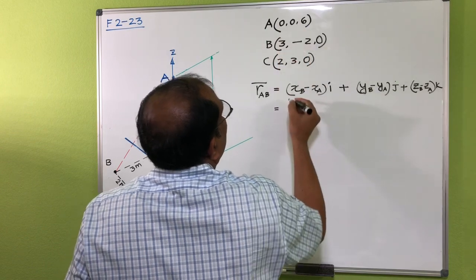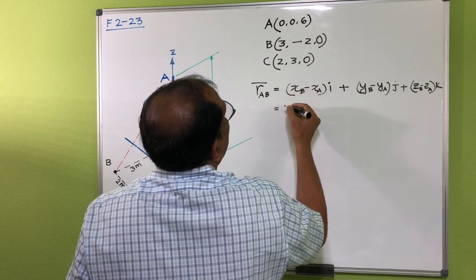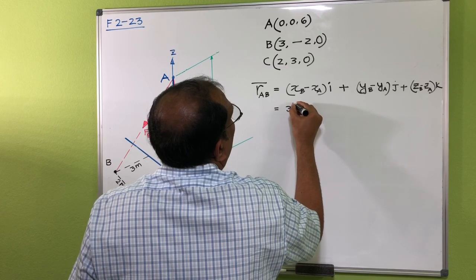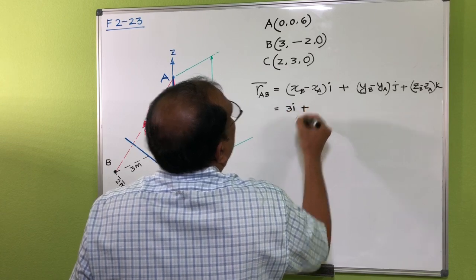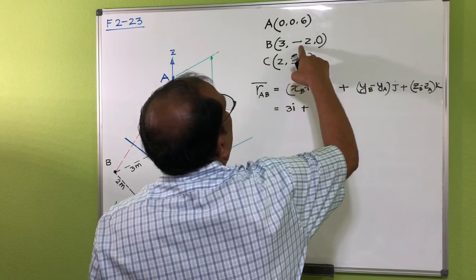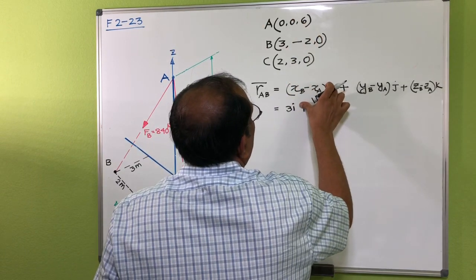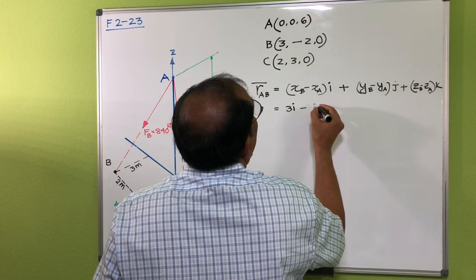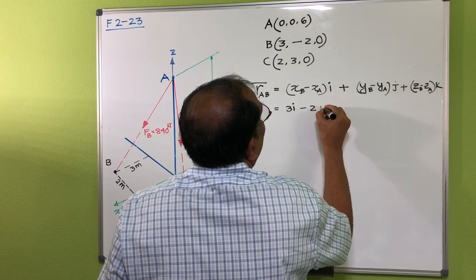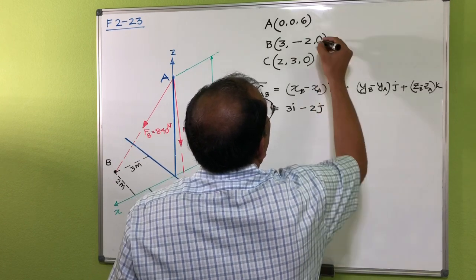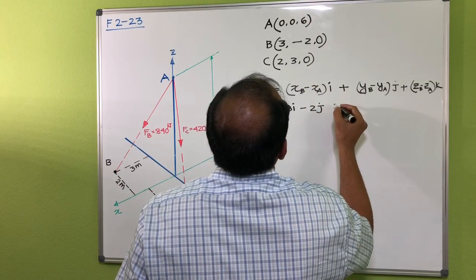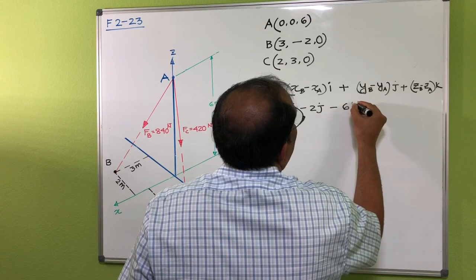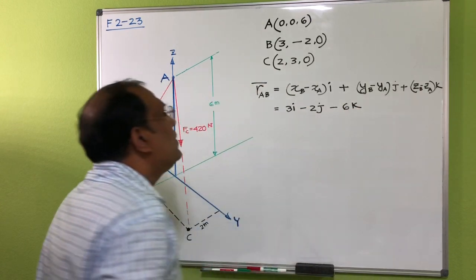So B minus A: xb minus xa is 3i, plus yb minus ya is -2j, and 0 minus 6 is -6k.